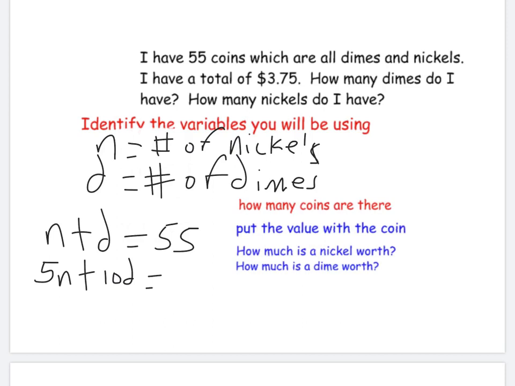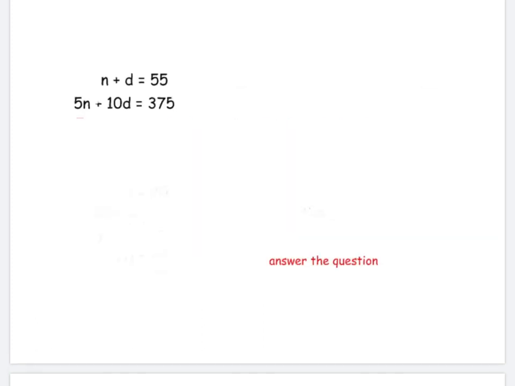Notice again I didn't use any of the decimals, so when I put what it equals, I'm not putting a decimal in there either. So instead of 3.75 for $3.75, I'm going to say 375. So now I have my system of equations.